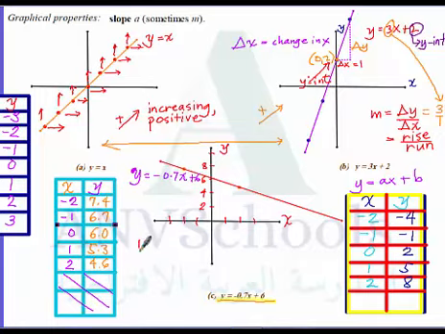We could see that our slope now is negative, right? Our a is negative 0.7, so it's negative. And in this case, the trend of your slope, and of course the graph, is decreasing, and it is negative. It's going down. Your x goes up as your y goes down. So this is negative and decreasing.